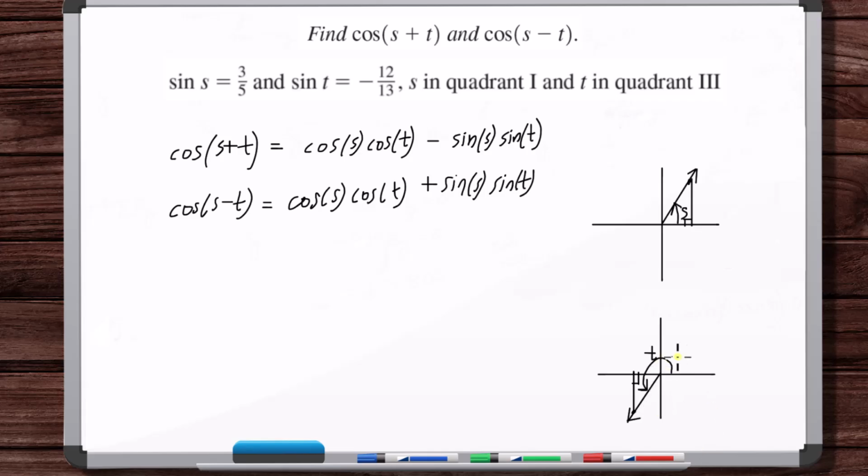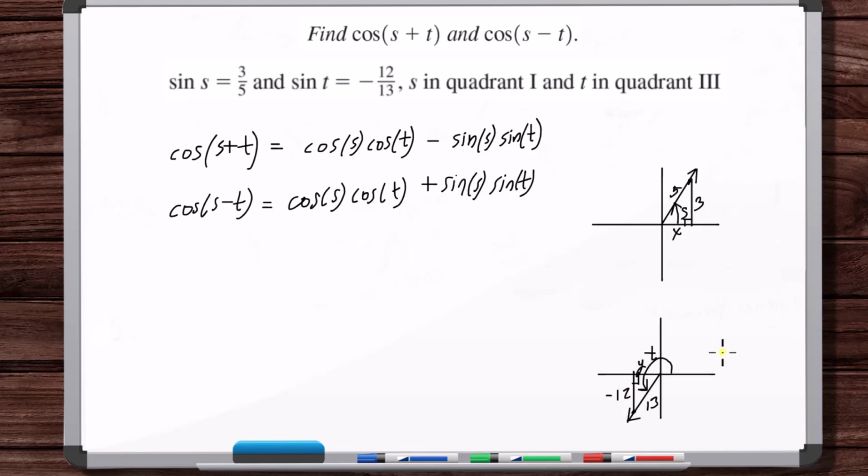Sine of S is 3/5, and sine is opposite over hypotenuse. We don't know the adjacent side, so we'll say that's x. Sine of t is minus 12/13, opposite over hypotenuse, so this will be 13 and minus 12 here, and we don't know this side. We can use the Pythagorean theorem. We know y is going to be negative and x is going to be positive, but we can just use the Pythagorean theorem with positive numbers like side lengths of a triangle to get these values.